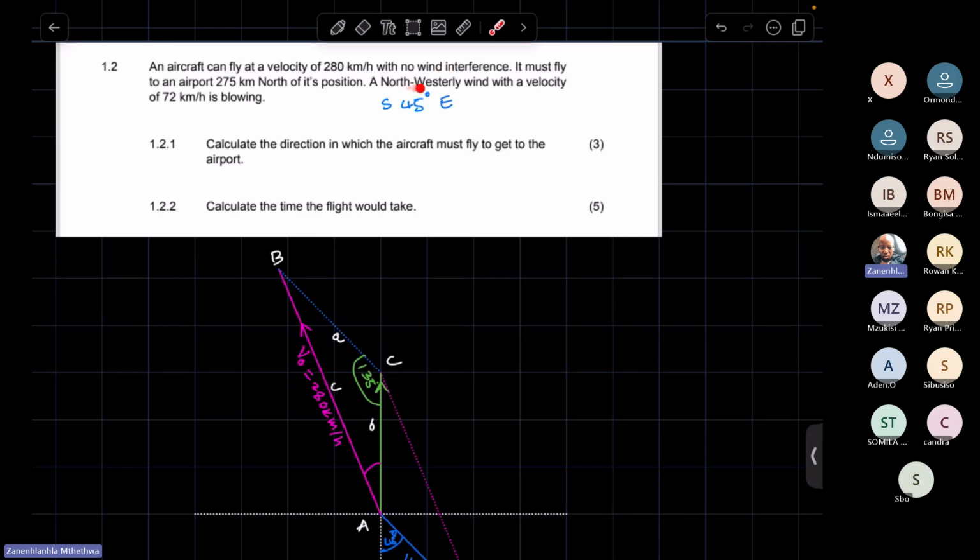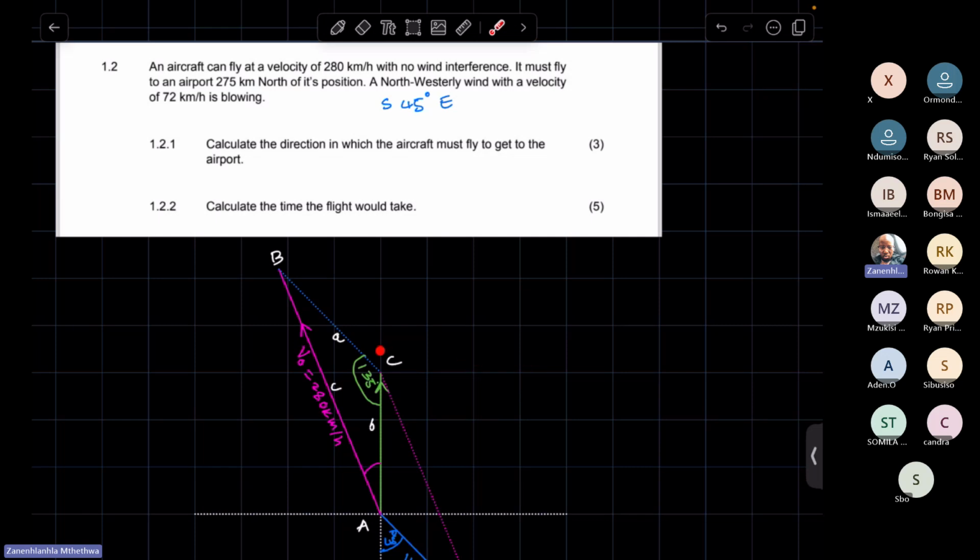But now there is a wind vector. The wind vector is blowing in a direction that is south 45 degrees east. How would this affect the plane if we simply took off from here and tried to fly directly north? The wind vector would push us into this quadrant, and we would end up somewhere here, which is not directly north.